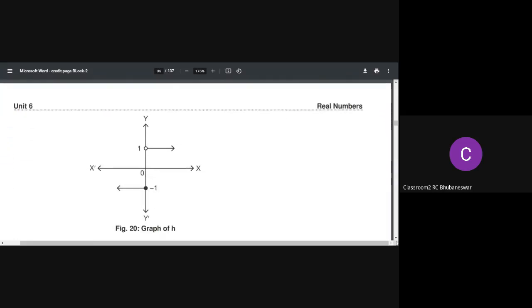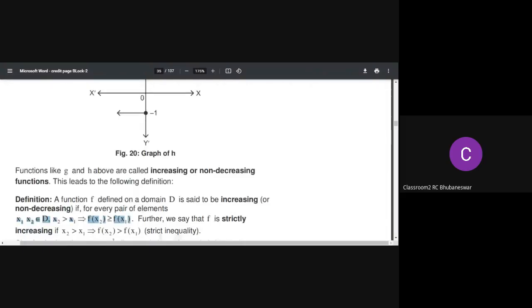So now to define, look at the definition. A function f defined over the domain D is said to be increasing, or we can also say that it is non-decreasing. Look at the condition very carefully. Here we have taken a pair of elements from the domain D, and this pair of elements are x1 and x2.